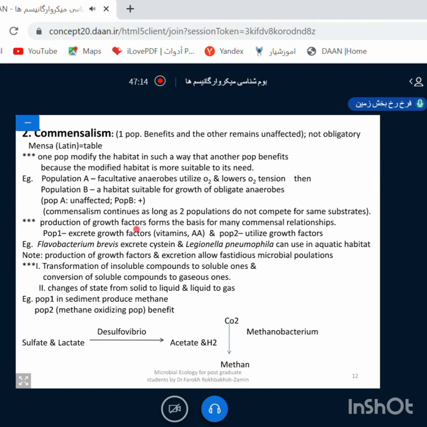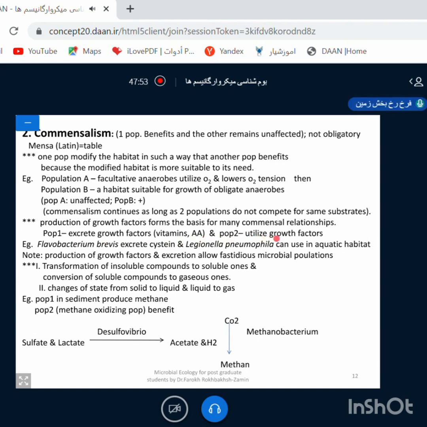Production of growth factors forms the basis for many commensal relationships. Most microbes produce growth factors and some excrete extra outside themselves. For example, population 1 excretes growth factors, vitamins, amino acids to the environment.